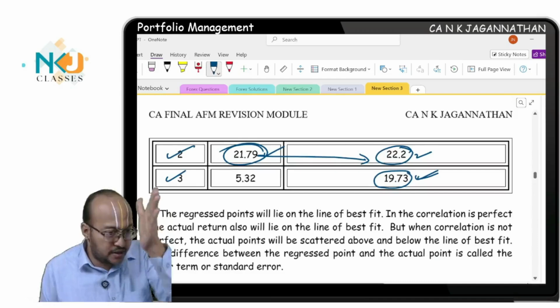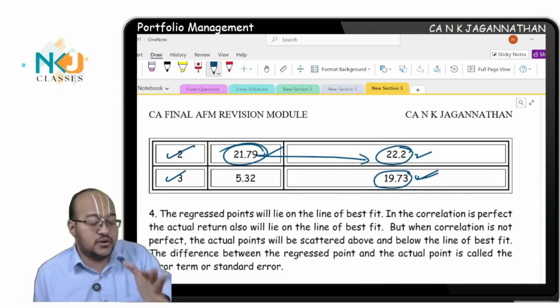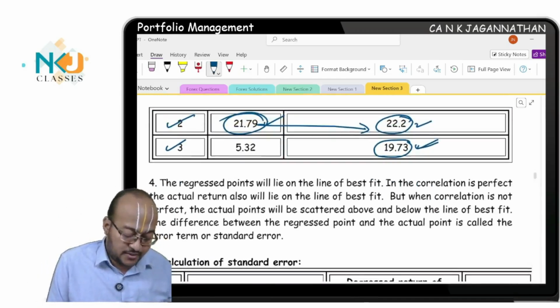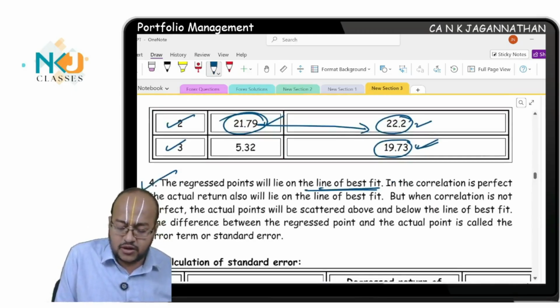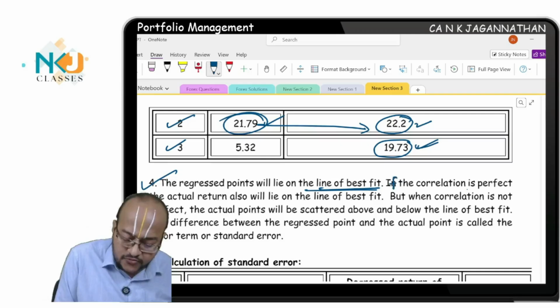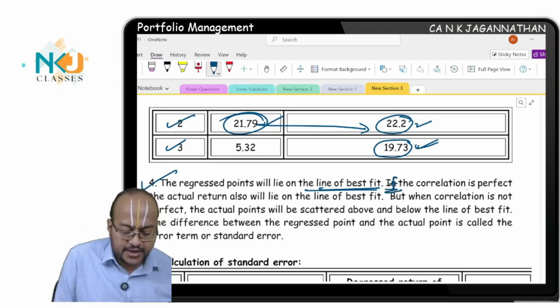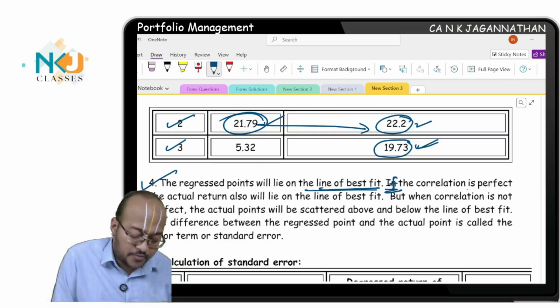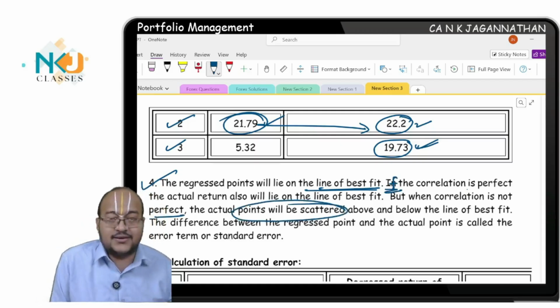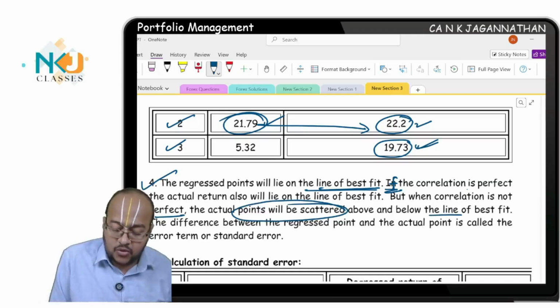The difference between regressed return and actual return is called the standard error. The regressed point will lie on the line of best fit. If the correlation is perfect, the actual return will also lie on the line of best fit. But when the correlation is not perfect, the actual points will be scattered above and below the line of best fit.